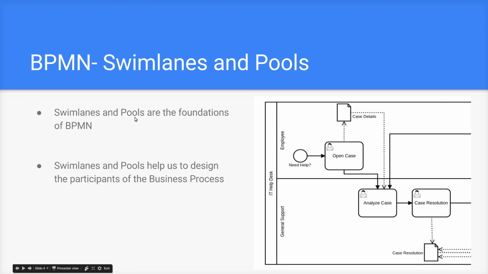So in BPMN, it begins with swim lanes and pools. They are the foundations of BPMN, and swim lanes and pools help us design the participants of a business process.